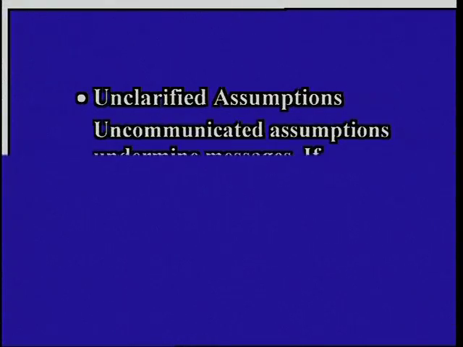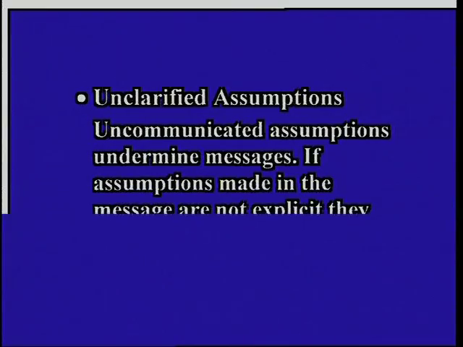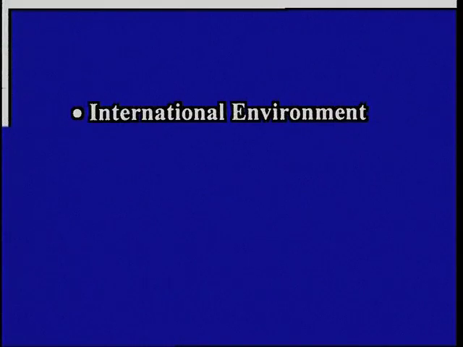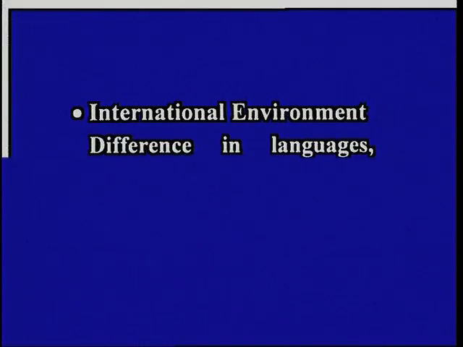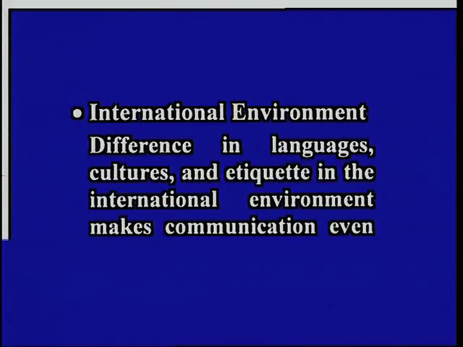Uncommunicated assumptions undermine the message. If assumptions made in the message are not explicit, they may result in confusion and the loss of goodwill. International environment. Differences in languages, cultures and etiquette in the international environment make communication even more difficult.